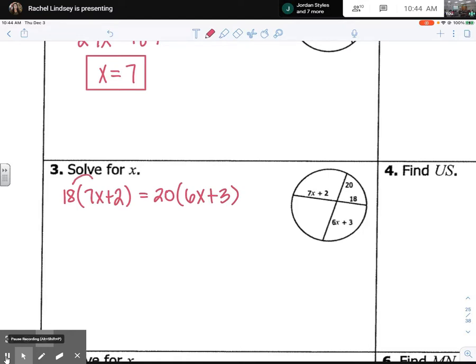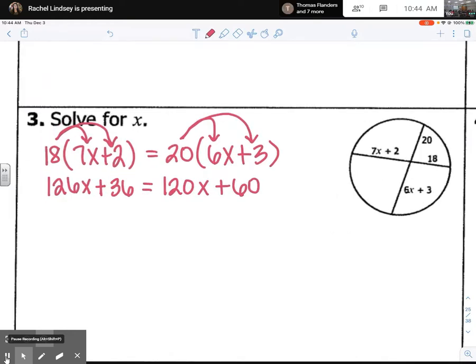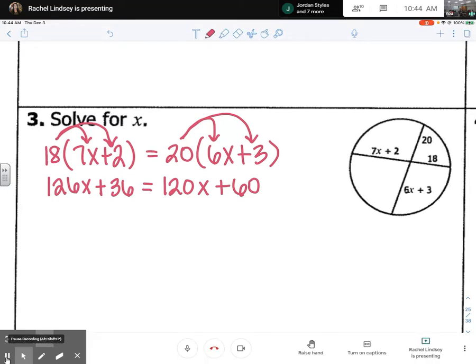So 18 times 7x, 126x. 18 times 2, 36. 20 times 6x, 120x. 20 times 3, 60. What do I need to do to both sides?